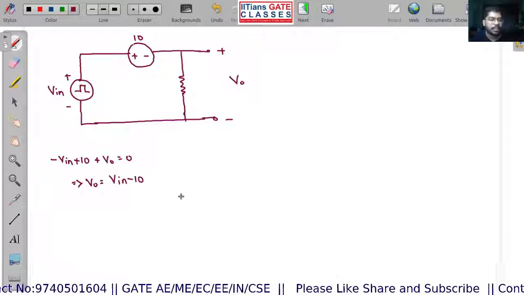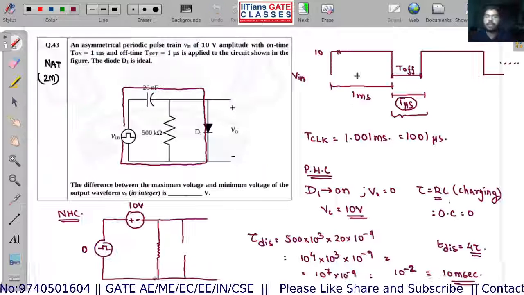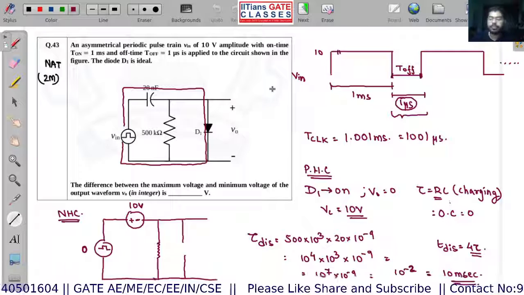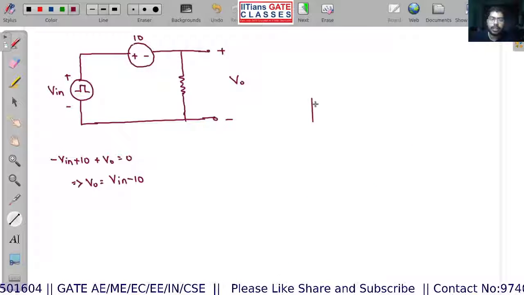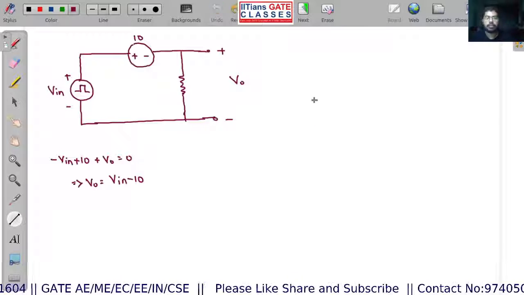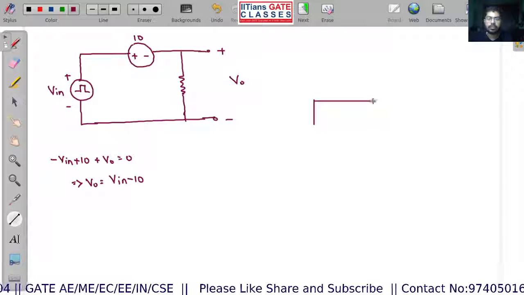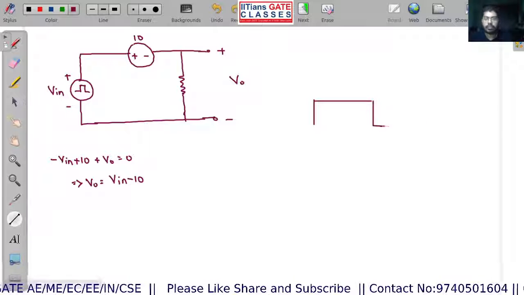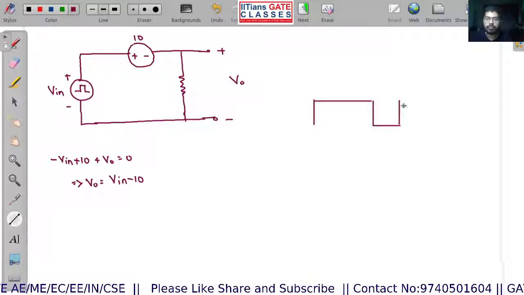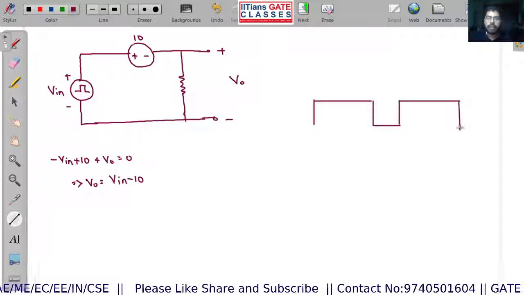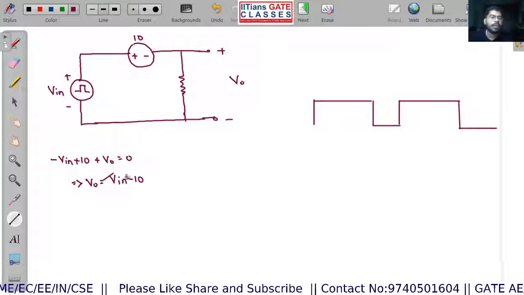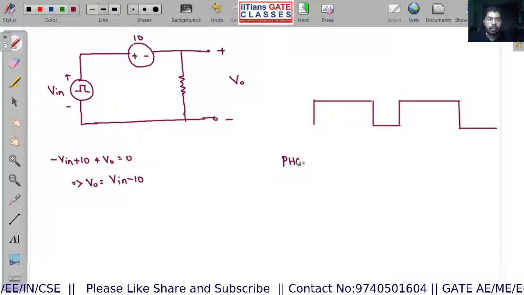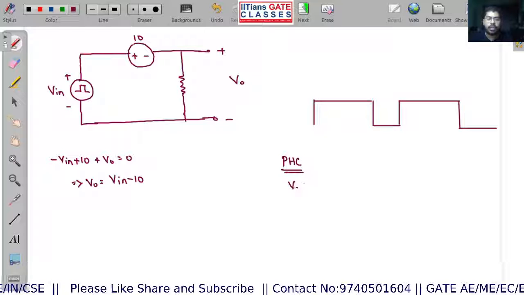V in minus 10. Now V in previously was something like this. Now it has changed to V in minus 10. So for the positive half cycle, what is your V naught now?